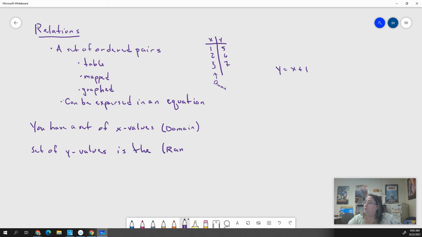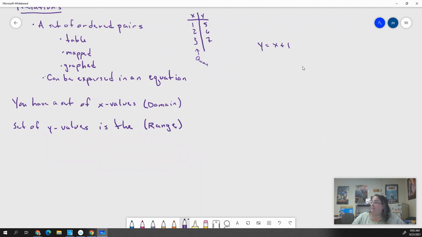Now, I'm not going to go too deep into this. I'm not giving you any homework on domain and range, but I really want you to understand what they are, right? Because the domain and range can determine whether or not something is a function. So if I looked at the domain of this problem right here, there's no bounds on what I can make X, right?